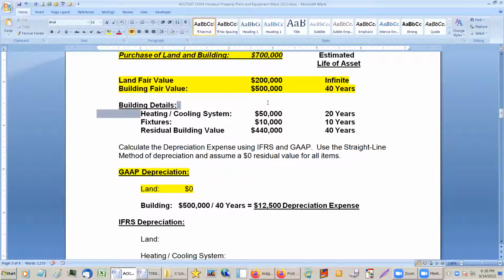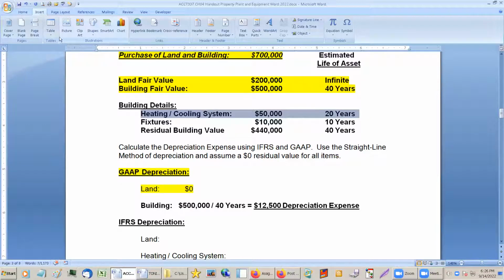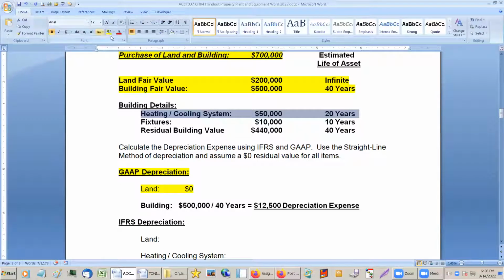International standards are a bit more thorough. And they say, no, you didn't just buy a building. The building has a heating, cooling system, which doesn't last forever.